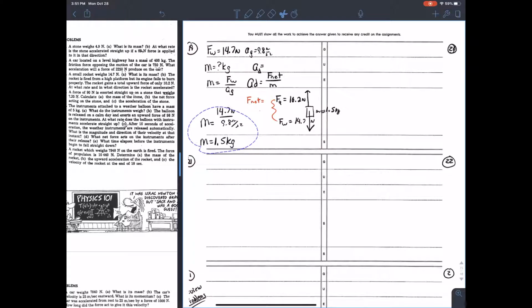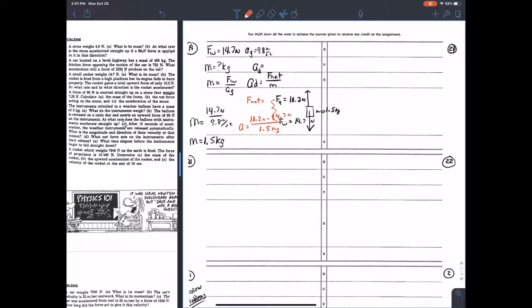So with the acceleration, I'm going to have 10.2 newtons minus the 14.7 newtons. I am running out of space. Divided by the 1.5 kilograms. All right.